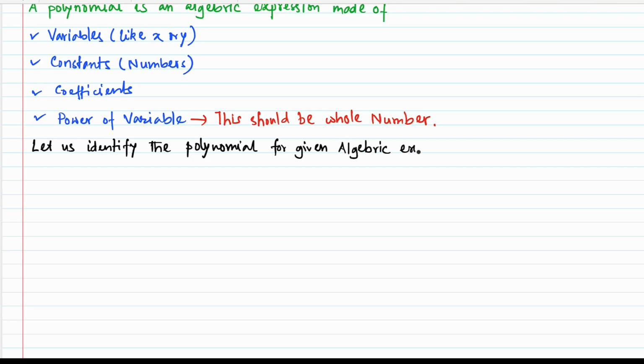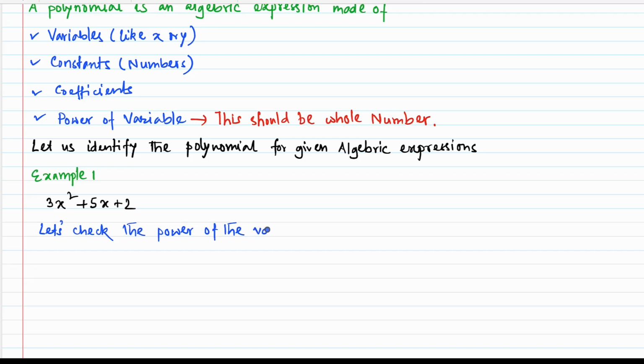Let us identify the polynomial for a given algebraic expression. So let's do the exercise. Example 1: let's see how we can use these characteristics and find the polynomial. 3x square plus 5x plus 2. Let's check the power of this particular variable x.